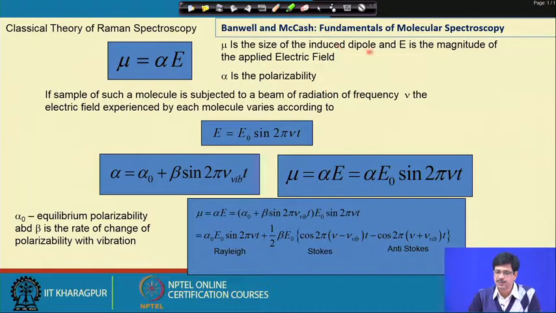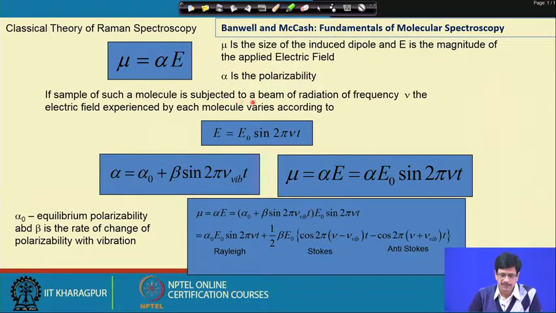Mu is the size of the induced dipole, which is proportional to the applied electric field of the radiation, and the proportionality constant is alpha, the polarizability of the molecule. This is a very important parameter in relation to Raman spectroscopy.